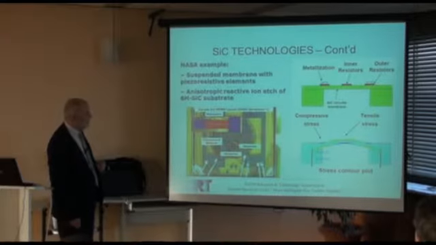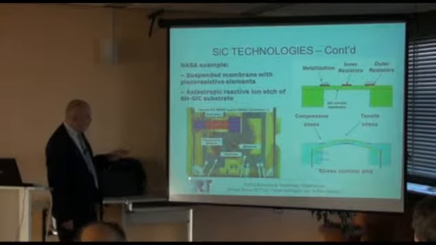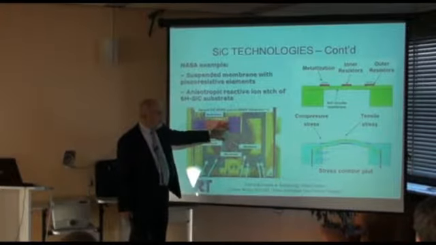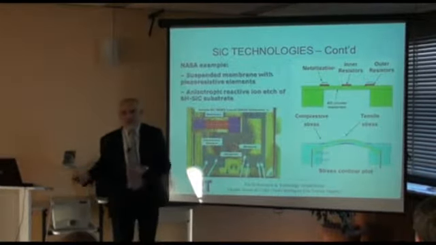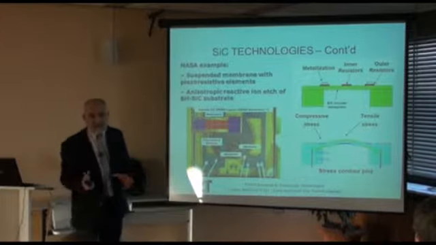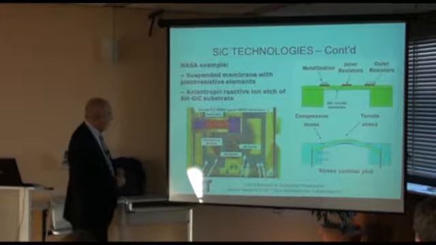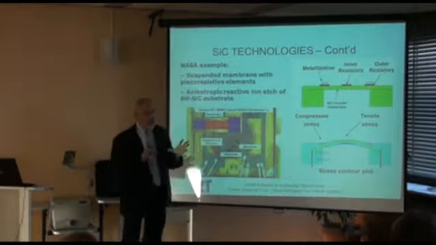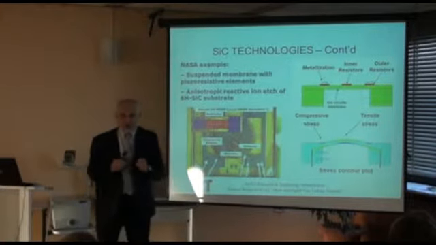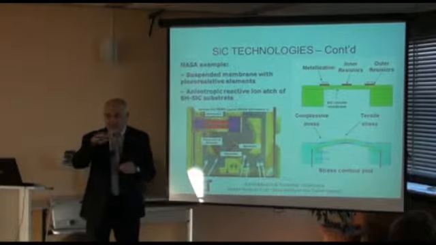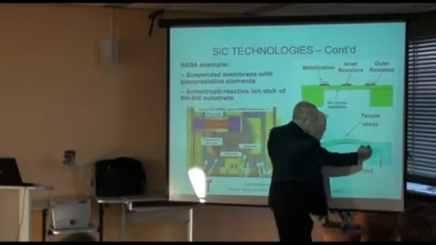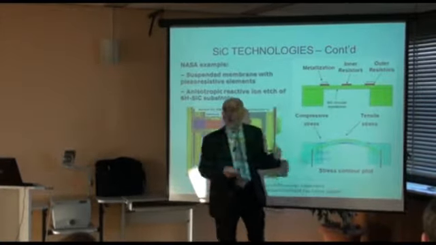So how silicon carbide looks like. This is a picture of the NASA sensor, but Carbide is making the silicon carbide in NASA, right, in their facility. So overall, what happens in this technology is it's like silicon on insulator. On the top of the silicon, they put a layer of silicon carbide, and they etch silicon, and they leave silicon carbide on the top.